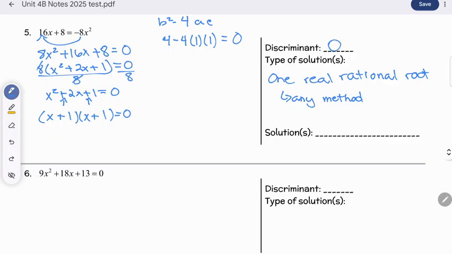So again, I've got two things multiplied here, but they are the same, so I'm only going to set one of them equal to 0 because I'm not doing double work. So that's going to give me x plus 1 is equal to 0, or x is equal to negative 1. And that is my solution, and this is a double root.